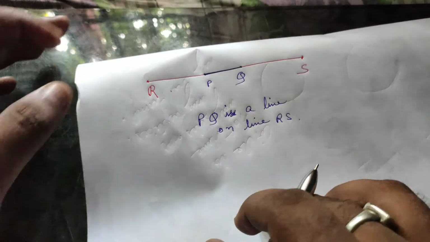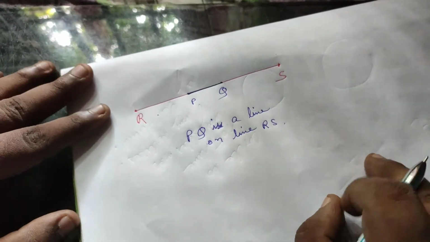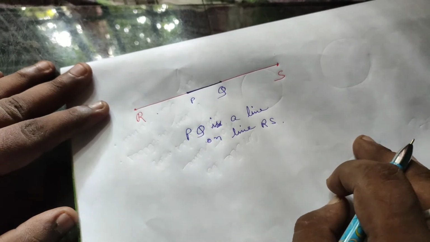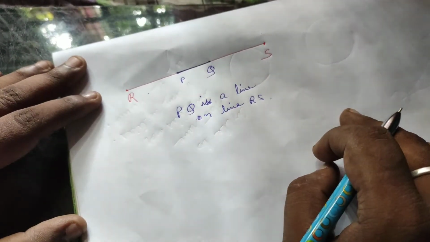Now let's move to the next topic, that is line. A line is a collection of points extending endlessly in both directions along a straight path. It is denoted by small letters or at any 2 points of the line.